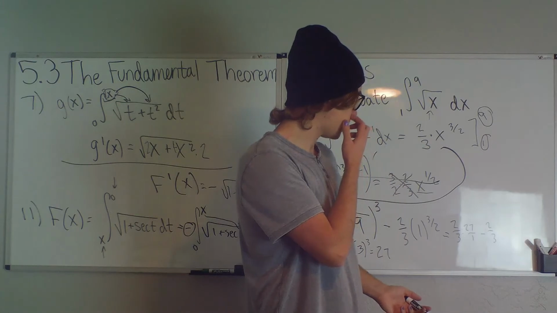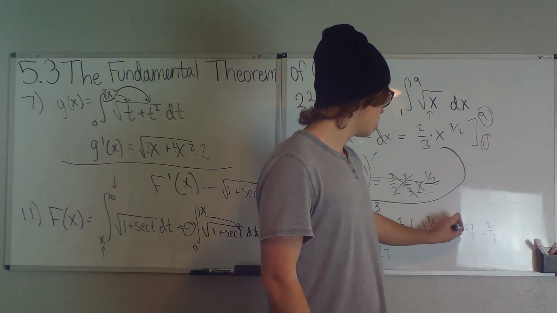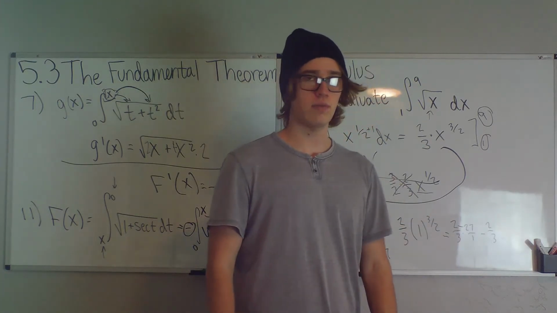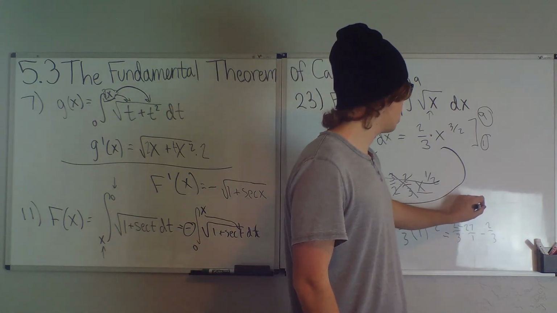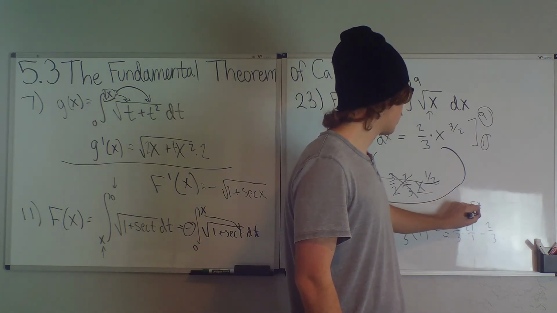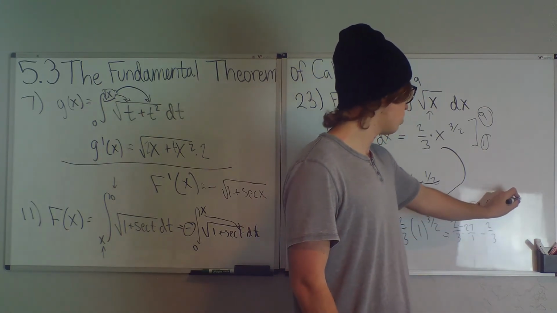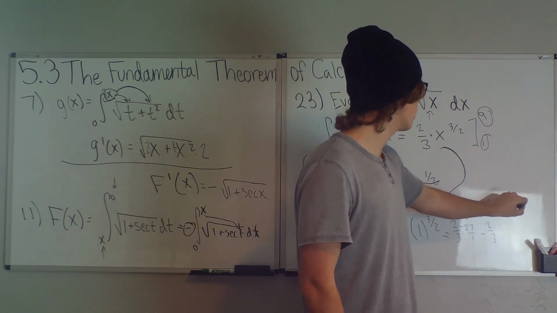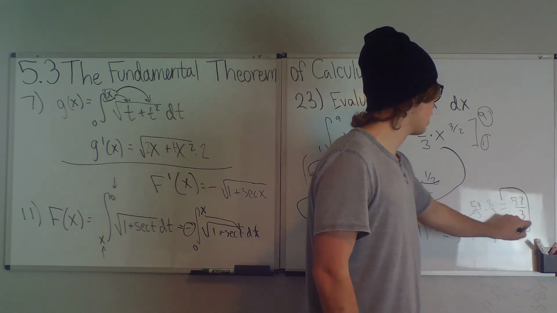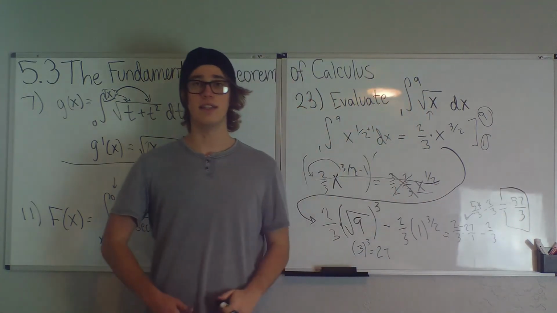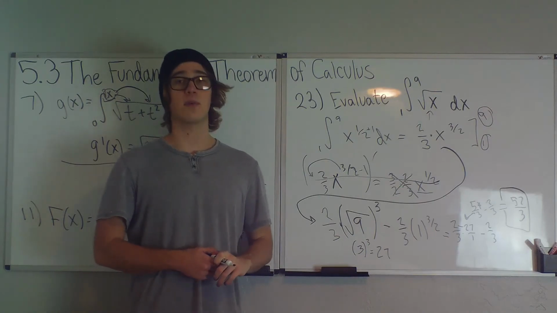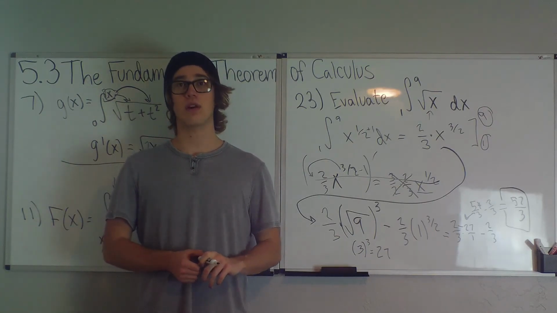Well, let's just multiply those two. So that's 54, right? 54/3 minus 2/3 is just equal to 52/3. And you can just leave it like that. And that is our answer to the definite integral from 1 to 9 of the square root of x dx.